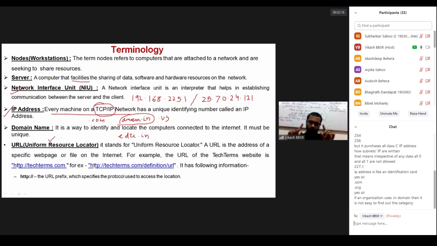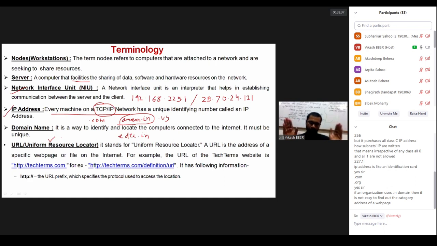Suppose facebook.com, google.com, amazon.in, gmail.com, gmail.co.in. That space on the web, on your browser, is called the address space or URL, where you write this domain name.